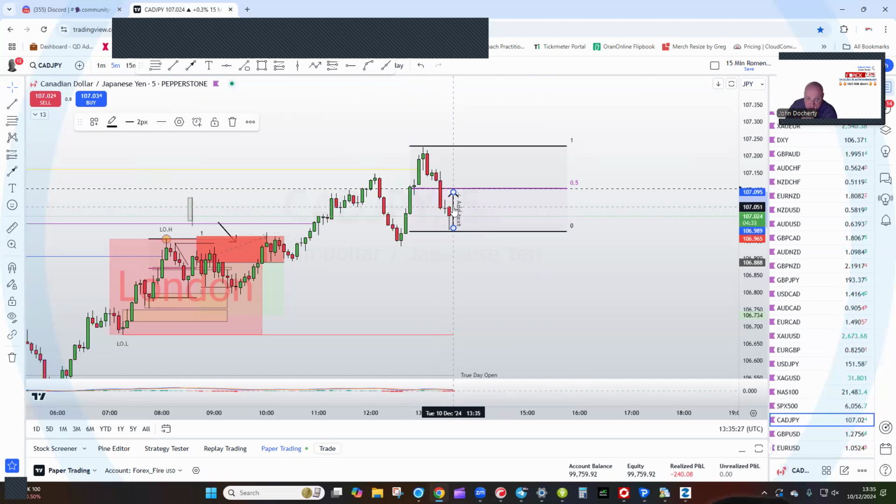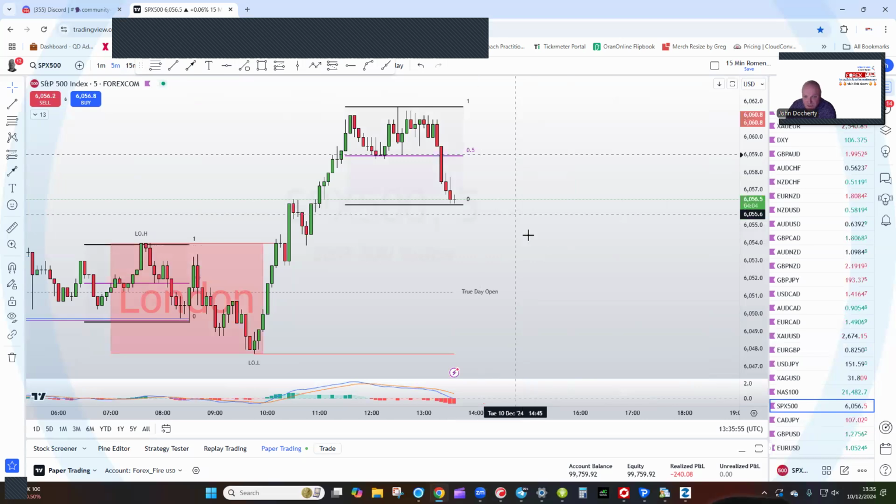We then move on to the next candle, and we want that to be a separation candle, as we call it, before a 50% touch, or we could do it within this one, as long as we don't break below there. We just want to stay contained within this. So we've got our eyes on the CAD-JPY and the SPX level as well.